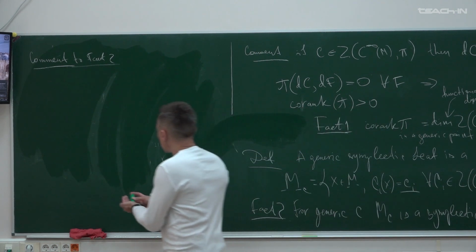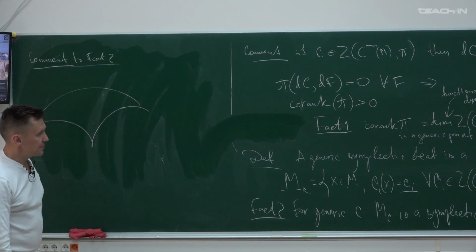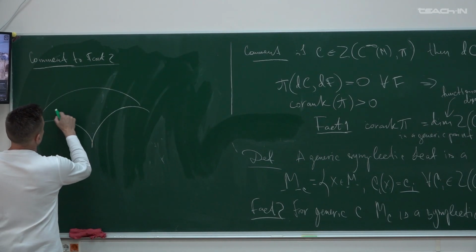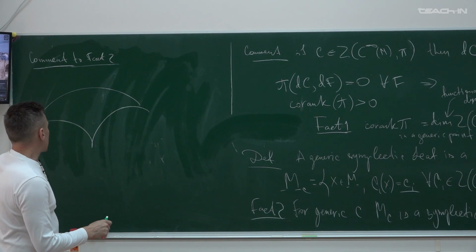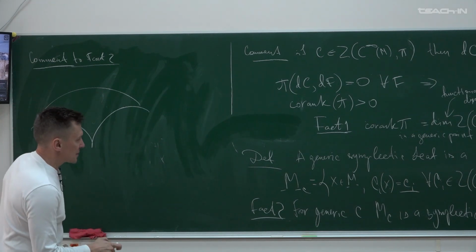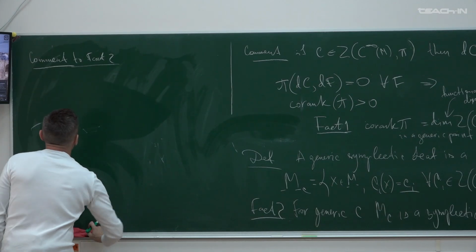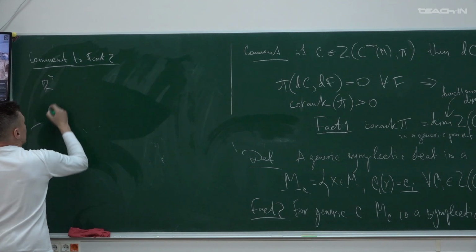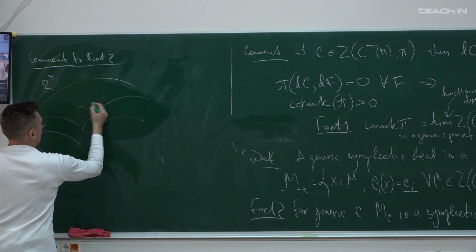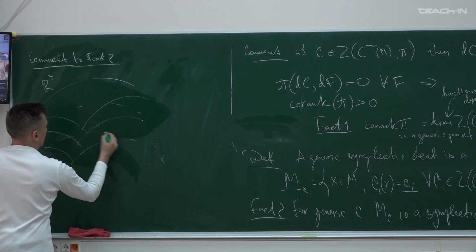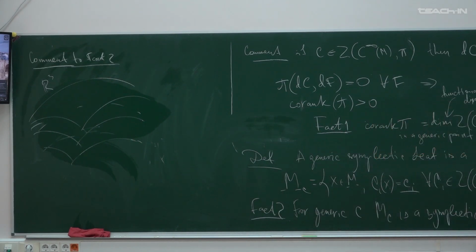How to illustrate this fact? So we have our manifold, and it's better for it to be at least three-dimensional. For example, our manifold is R3, and this manifold is foliated as a variety of two-dimensional leaves.